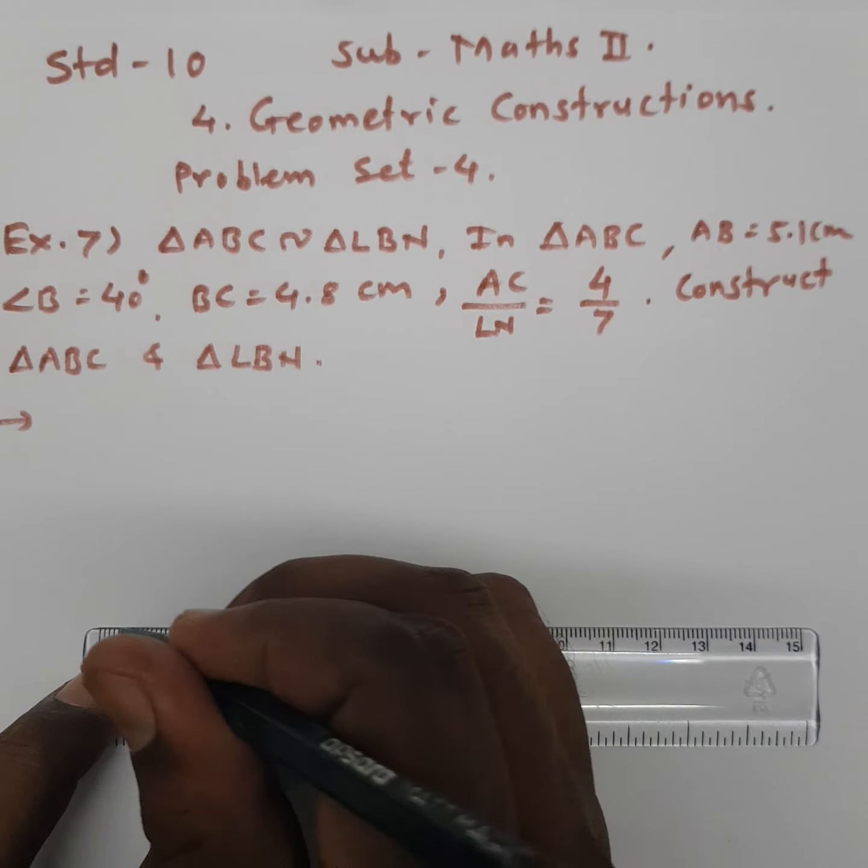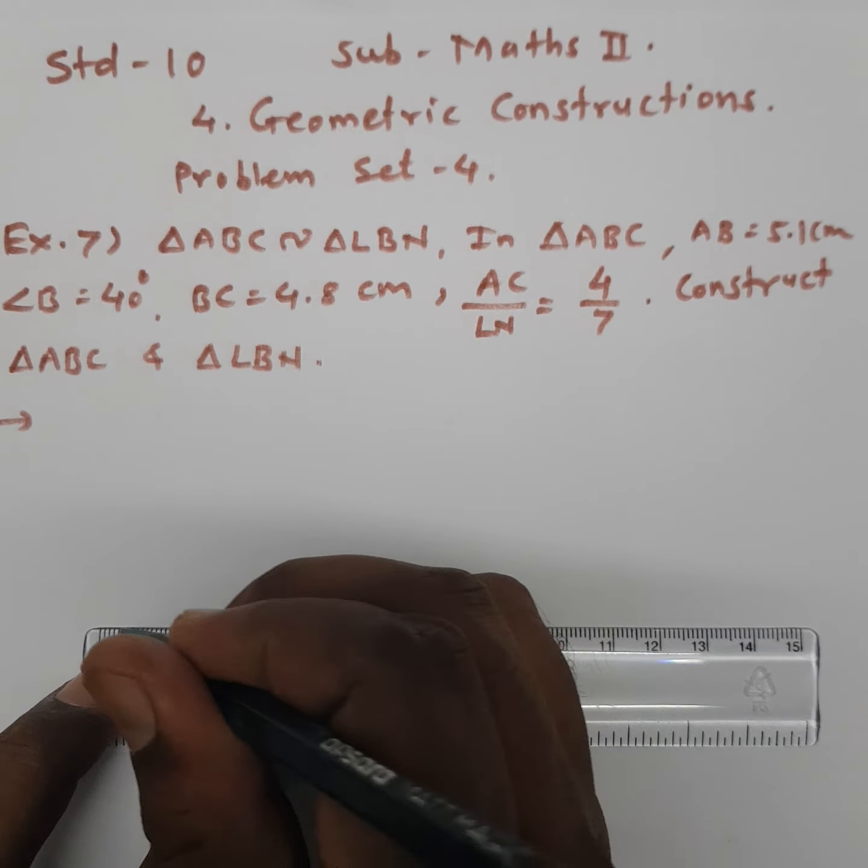Now triangle LBN is the greater triangle, therefore the corresponding sides BN and LB are larger, therefore we have to extend these corresponding sides of triangle ABC like this.